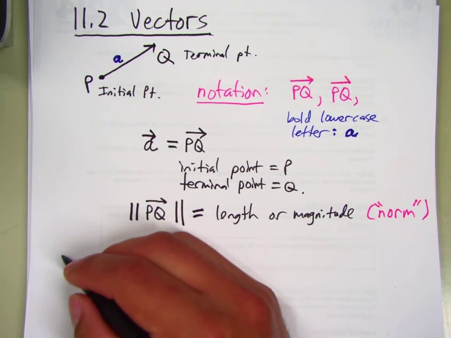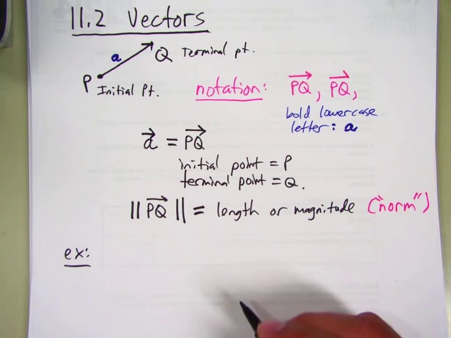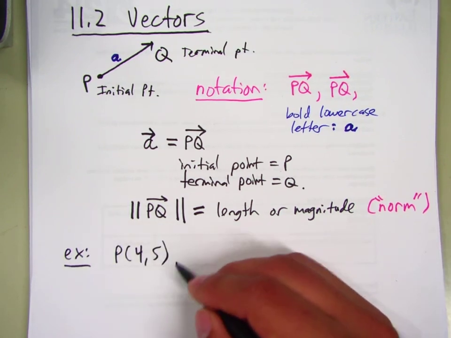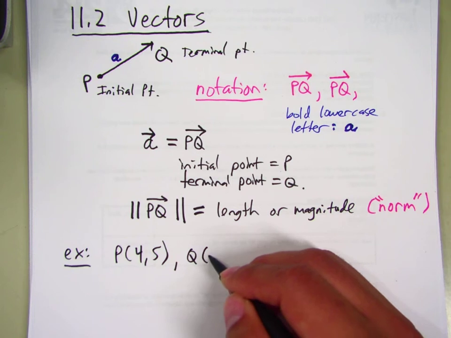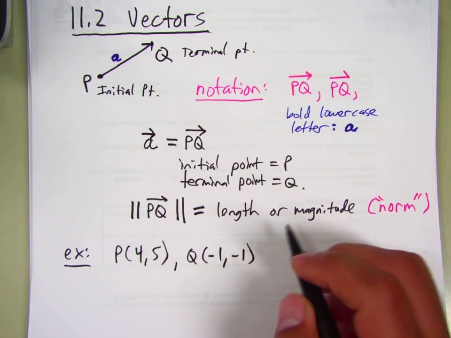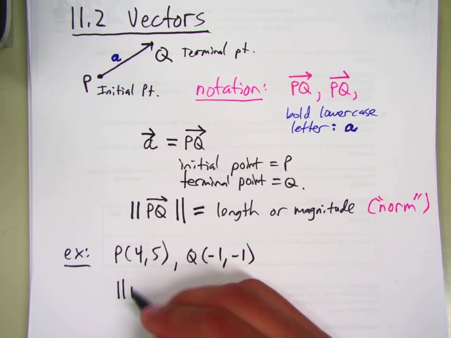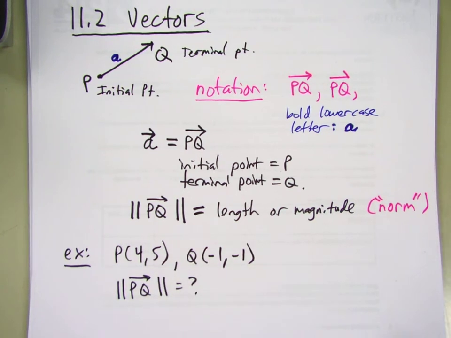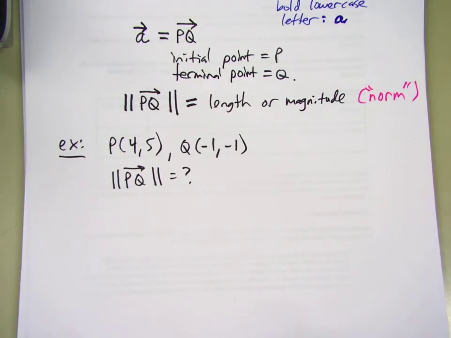Here's an example. Let's say we start with a point P at 4, 5. Q, let's say that that's at -1, -1, and I ask you to find the magnitude of PQ. How would you do that?